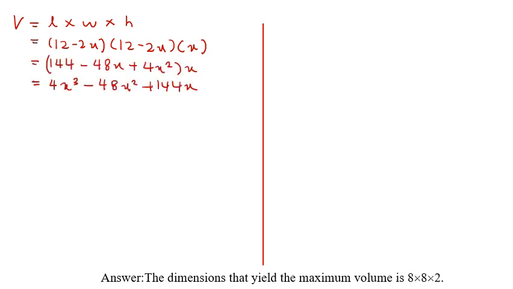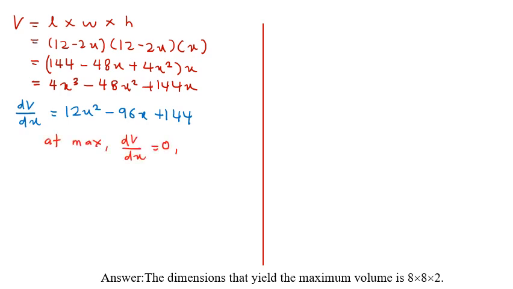So we get 144 minus 48x plus 4x squared when we expand the length and width, and then we multiply by x. So this is the volume in terms of x, that is 4x cubed minus 48x squared plus 144x. And then we differentiate to get dV/dx, so 12x squared minus 96x plus 144.